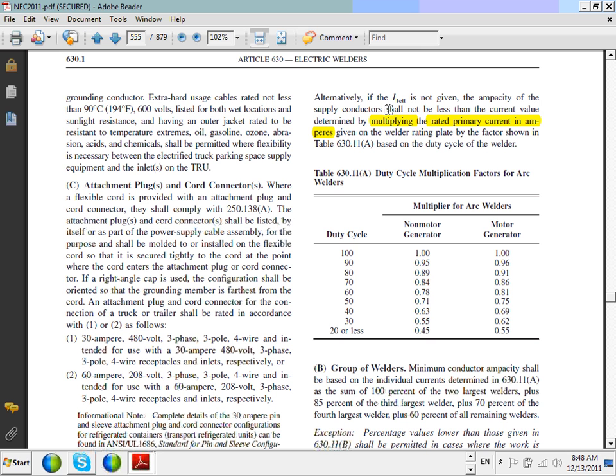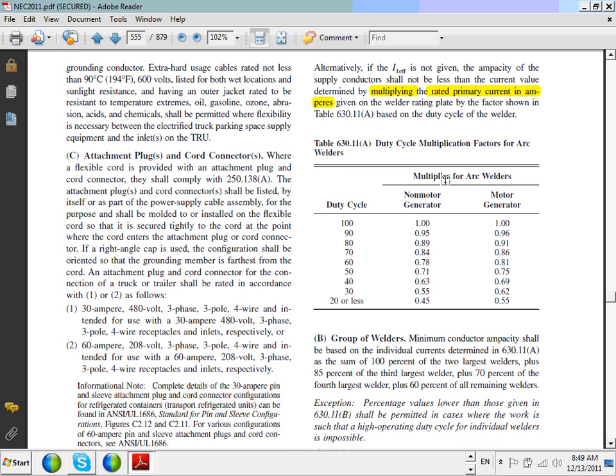So shall not be less than the current value determined by multiplying by the rated amps. Supply conductor shall not be less than the current value determined by multiplying the rated amps given on the welder rating plate by the following factors.